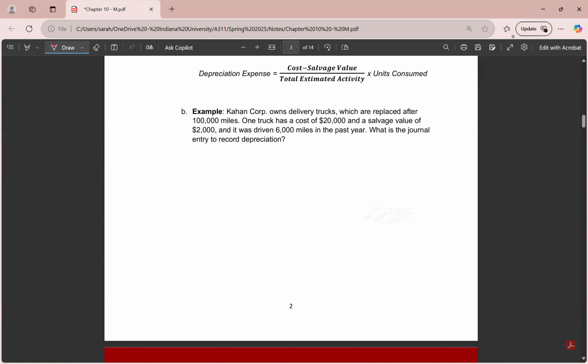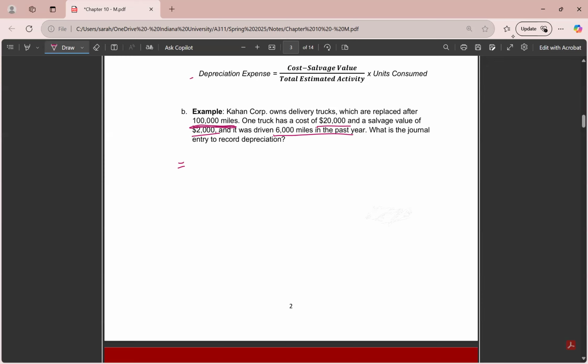Kahan Corporation owns delivery trucks, which are replaced after 100,000 miles. So this is basically saying that 100,000 is how much activity you can get. That is the maximum activity. After that, you replace the trucks. One truck has a cost of 20,000 and a salvage of 2,000, and it was driven 6,000 miles in the past year. What is the journal entry to record depreciation?